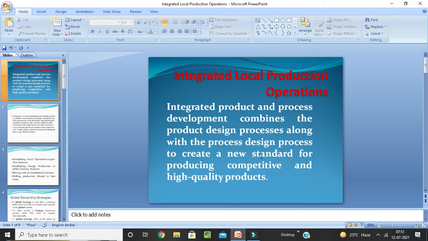So what is happening here? In the last class we discussed how the operations take place, how the production works when there is a contract in manufacturing, and how it is going to be integrated.